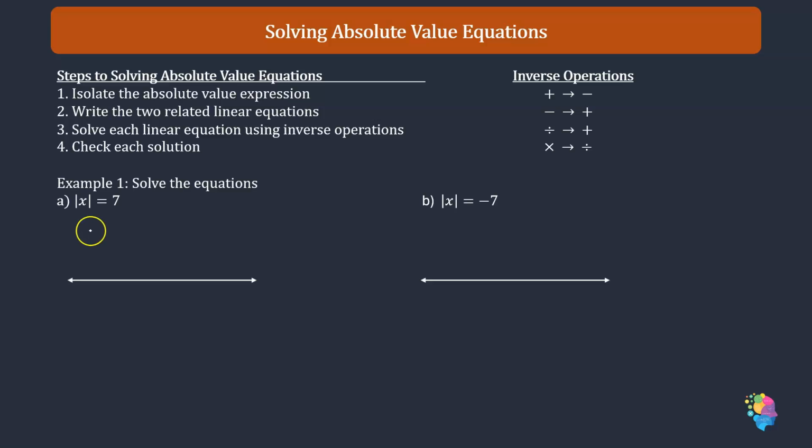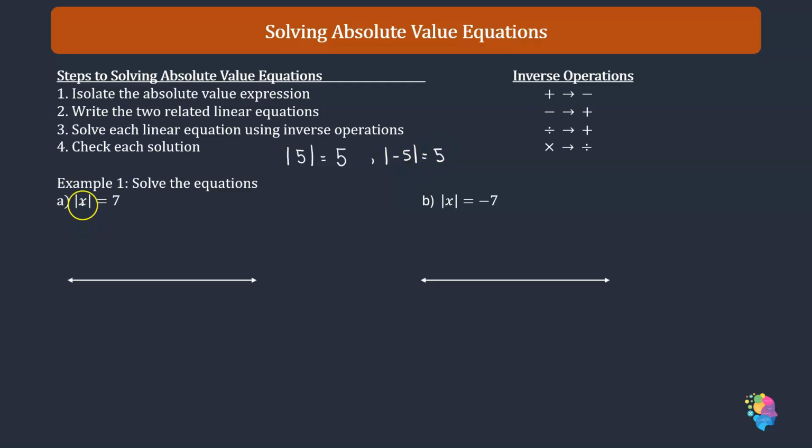1a reads, the absolute value of x is equal to 7. Now, remember the example we did in the previous slide that said that if we have a positive 5 inside the absolute value, the absolute value of that positive 5 will be 5, but also the absolute value of a -5 will be 5.